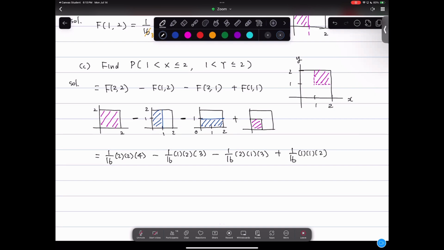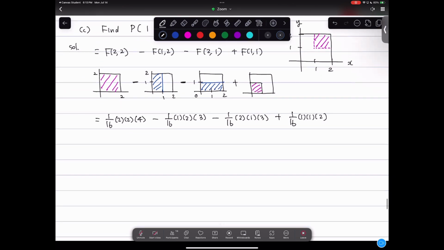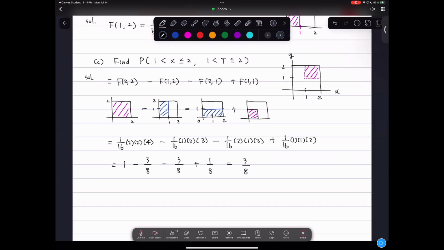So that will get me the entire probability, which I think is 1 minus 3 over 8, minus 3 over 8, plus 1 over 8, which is 3 over 8. Are we good so far? That's how we do the probability with the CDF.